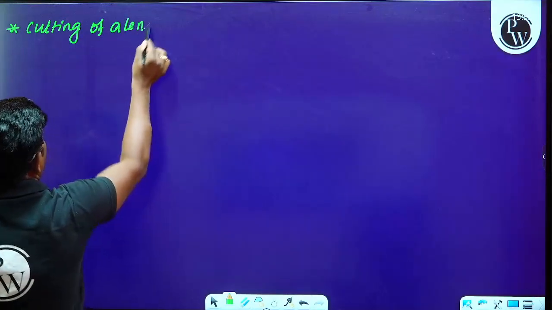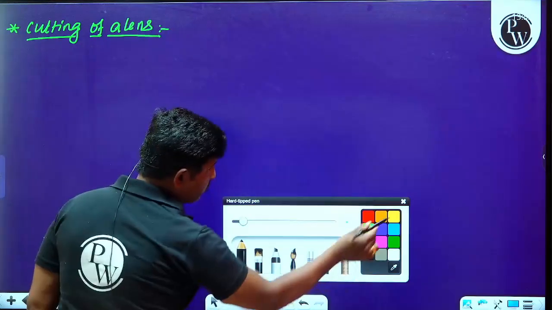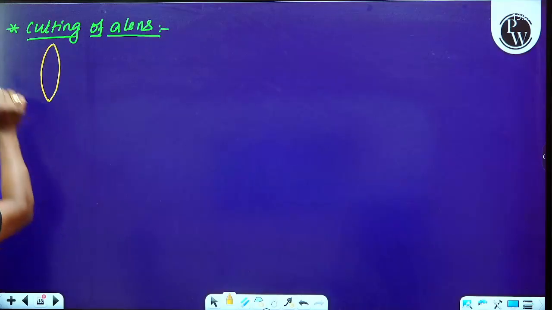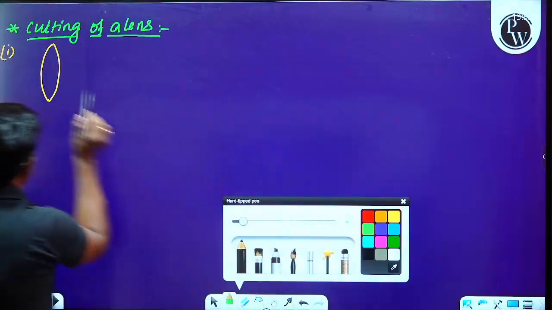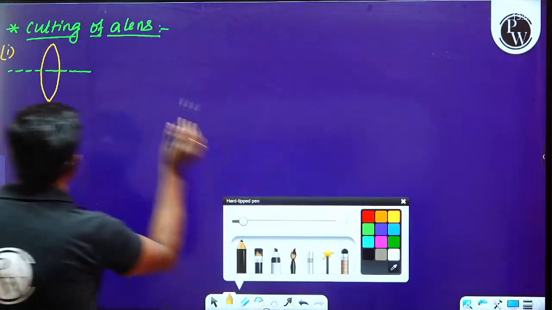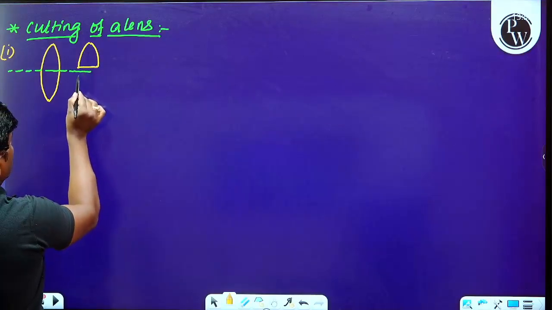Cutting of a lens. Please make sure you understand these points clearly. Whenever we consider a convex lens as shown, in case 1, whenever we cut the lens along the principal axis, we get two pieces.